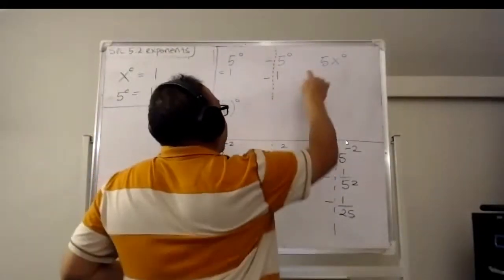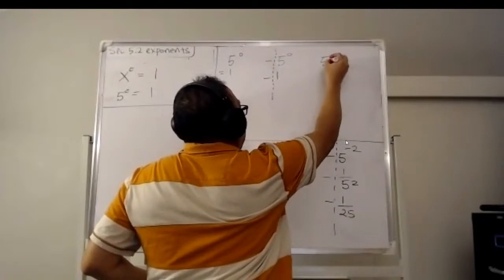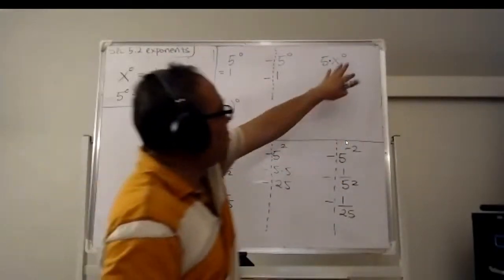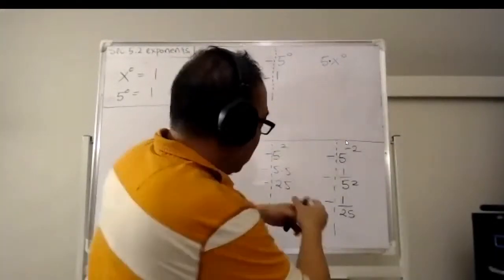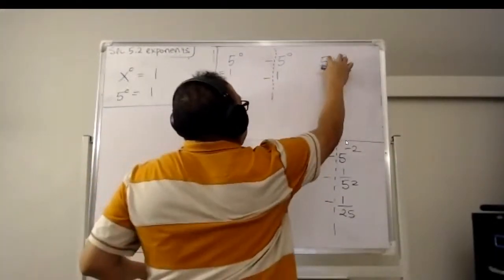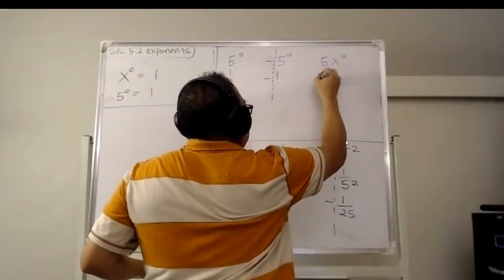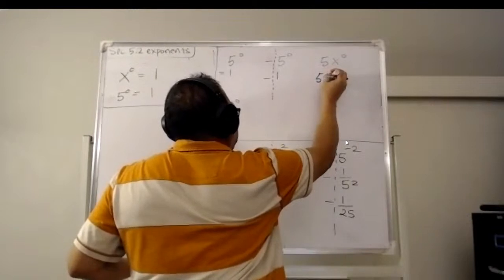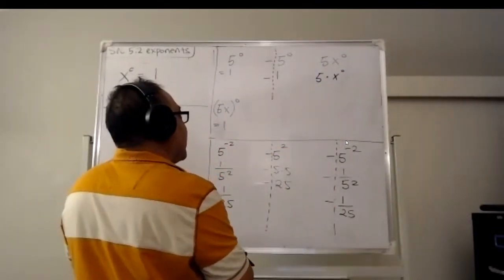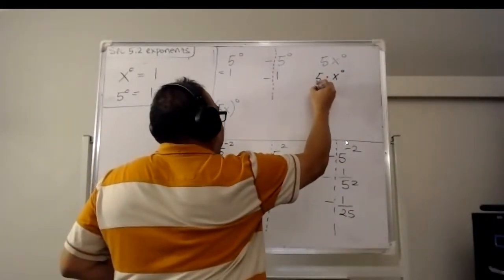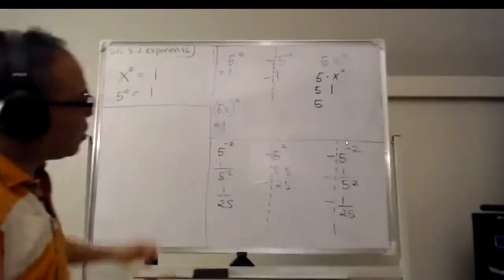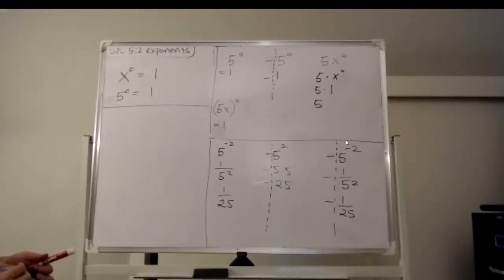In between the 5 and the x is a multiplication, which means that the exponent only applies to that x. So even though it's not there, it's there. That multiplication is there. That 5 and that x is not connected. So this turns into 5 times 1, which is equal to 5. So all of these are fair game. I want to make sure that you're comfortable with it.